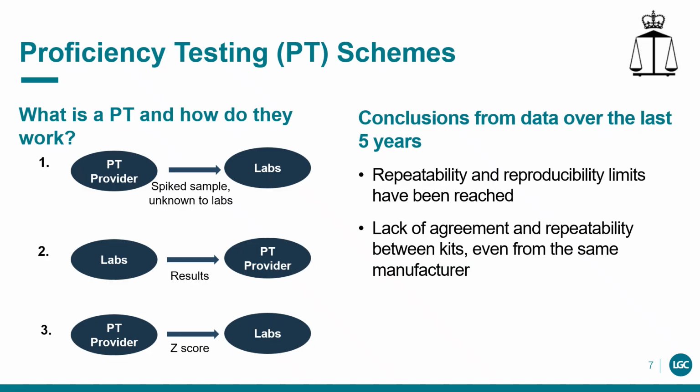Following analysis of this pooled data set, it was determined that both the repeatability and reproducibility limits of the ELISA kit that were used had been reached, and that there was a general lack of agreement and repeatability between the different kits, including those from the same manufacturer. These findings also highlight that an improvement in performance has not been reported in over 13 years.